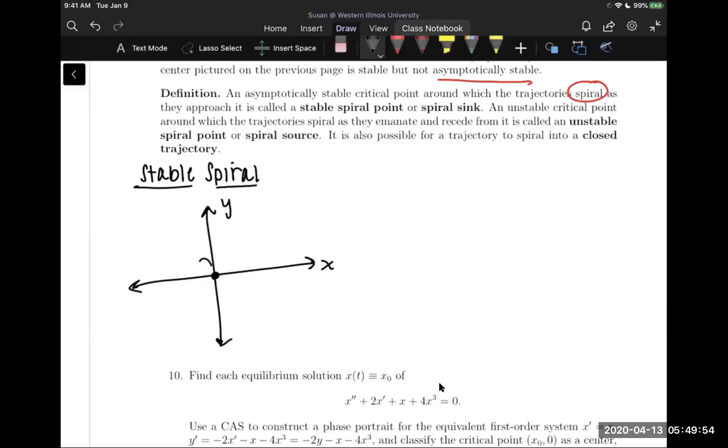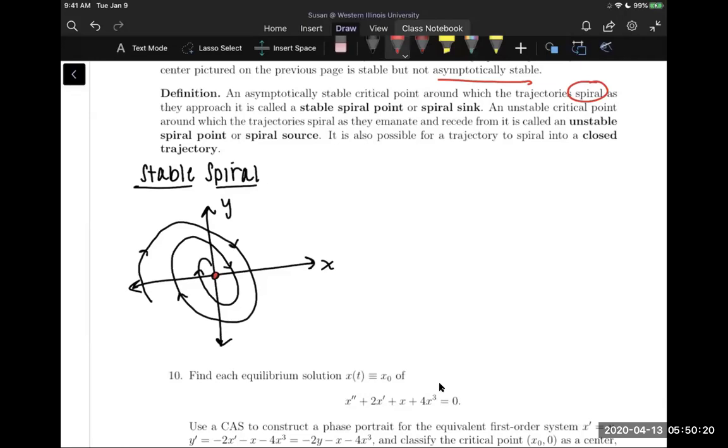So maybe I'll make mine look a little bit of an elliptical spiral. And since we want this to be stable, we need our arrows to be pointing towards the critical point. All right, so here is an example of a stable spiral. Again, I made my spiral look elliptical, but your spiral might look more circular.